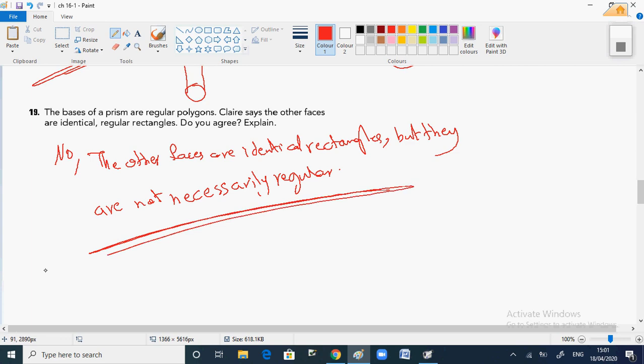Okay, so the bases of a prism are regular polygons. Claire says the other faces are identical, regular rectangles. Do you agree? No. Look, I will give you an example here. This is a prism.